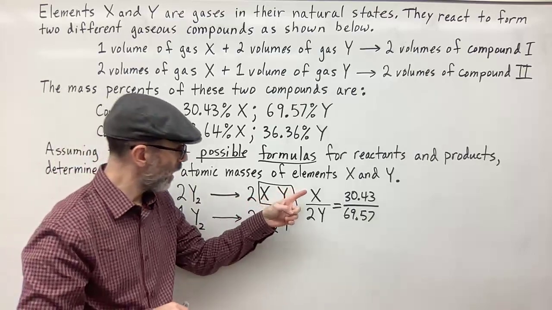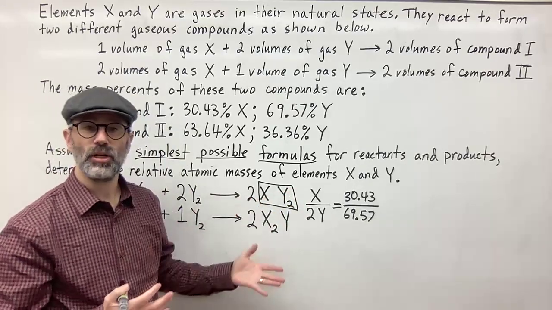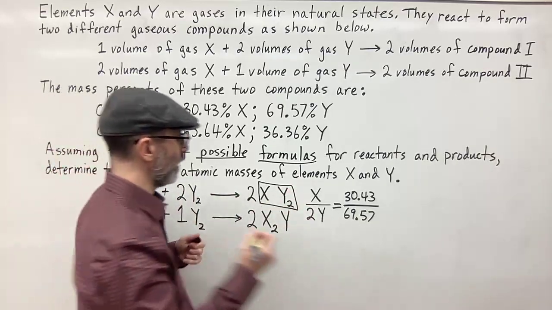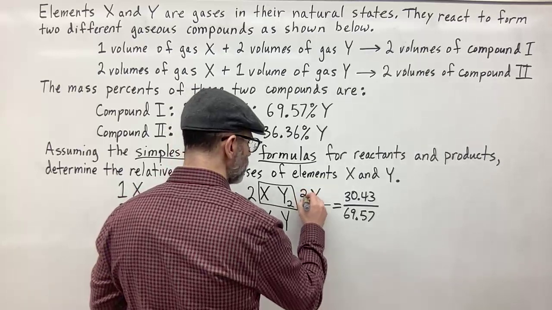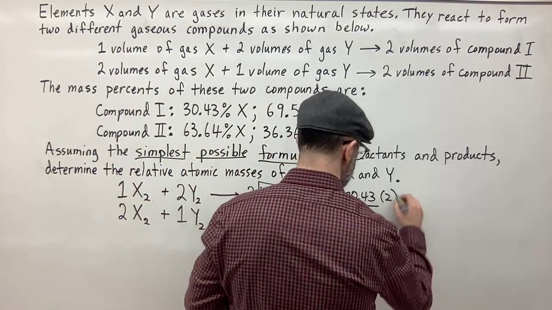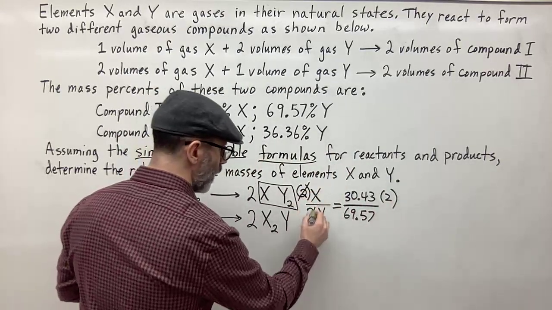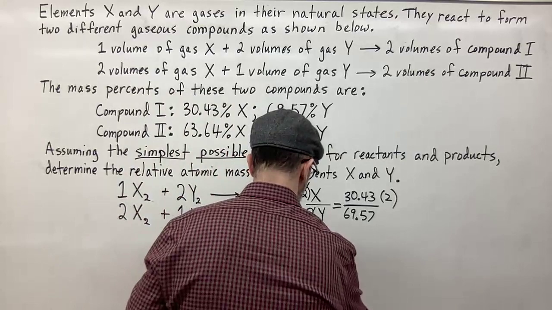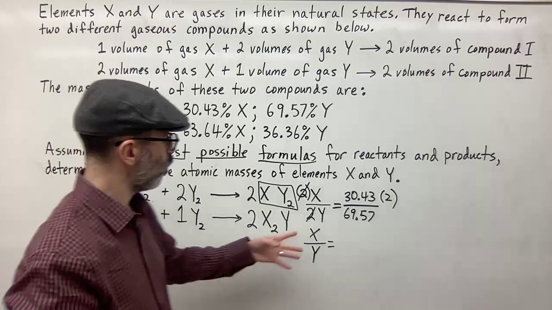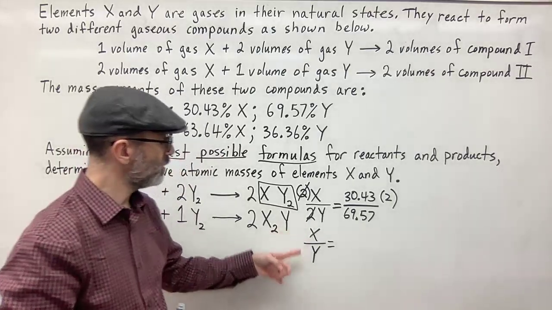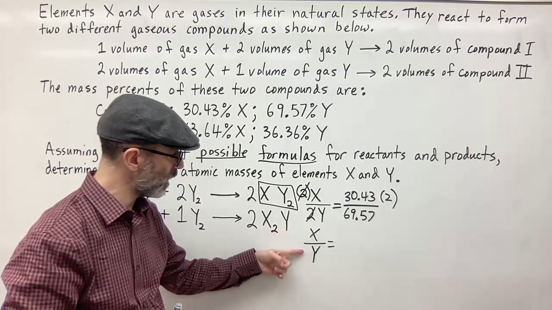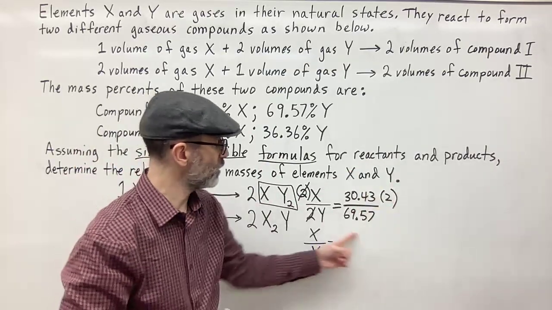Here I have x to 2y. So I need to change that and solve for x over y. How do I do that? I multiply by 2 on both sides. The 2's cancel out, and I get my ratio of x over y. So the ratio of x over y is going to be the relative atomic masses, my relationship there.